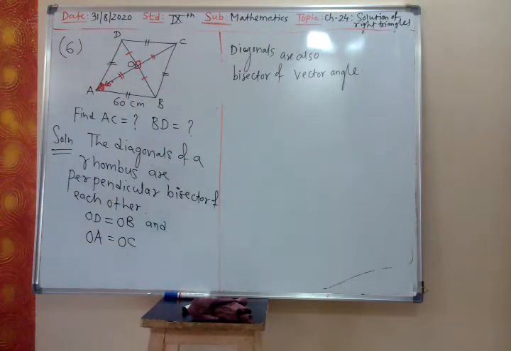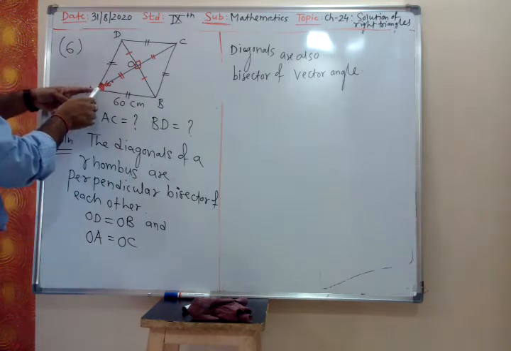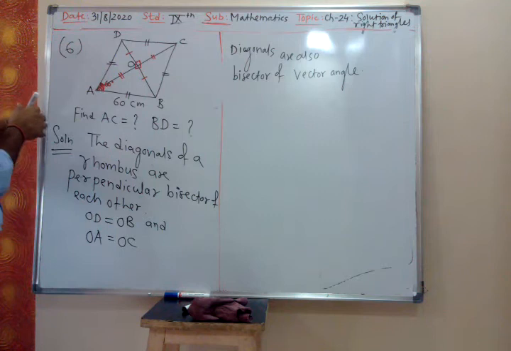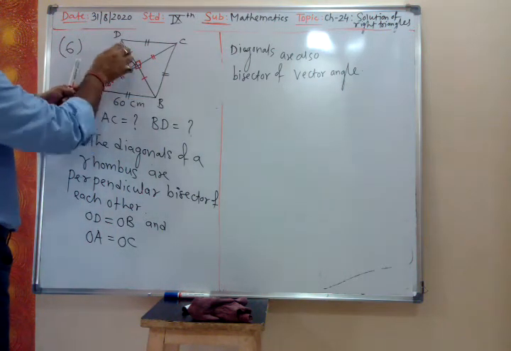What is that vertex angle? See, this is my vertex angle. So this diagonal will bisect this angle. Are you getting? This one, this one, this one, this one, they are vertex angles.